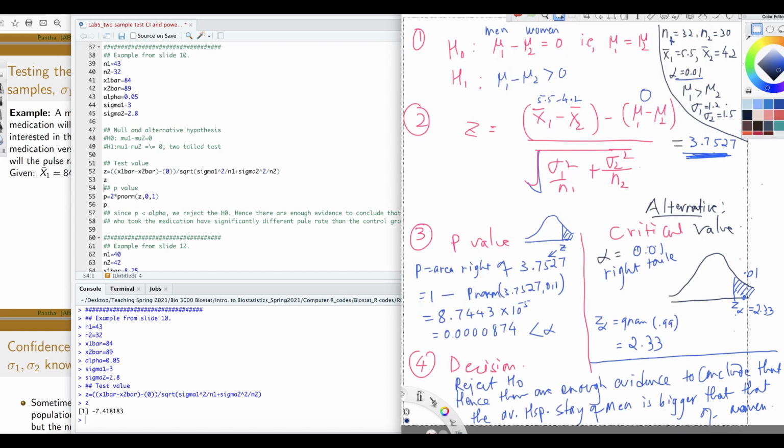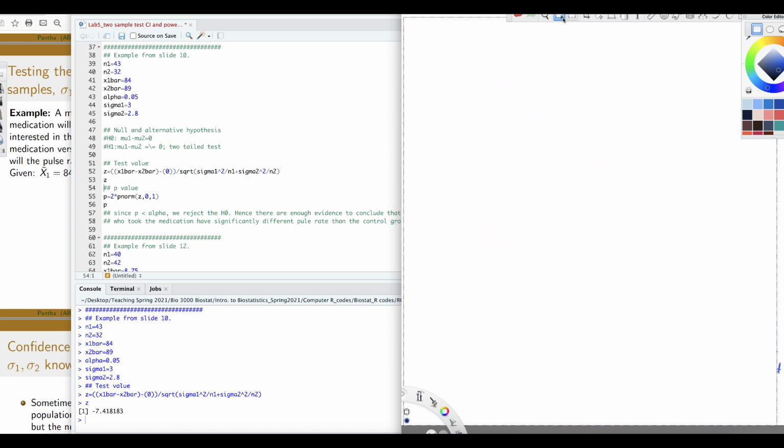So to find out the P value, what do you do then? P value is the area left of the test value. You see that? So it is a two-tail test. Okay, if you are using the critical value method, then you need to shade the left side and right side and find the critical value.